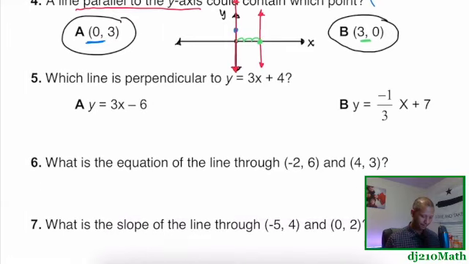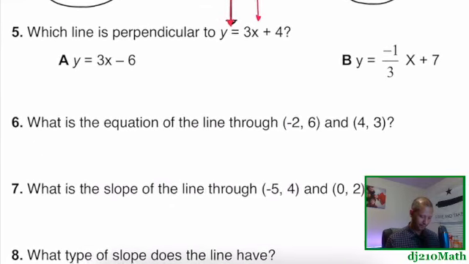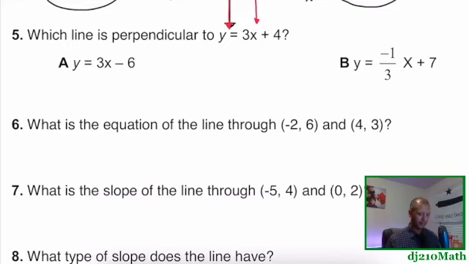Okay. Number 5. Which line is perpendicular to y equals 3x plus 4? So if we look at the slope, the number in front of the x value when it's in y equals mx plus b form, which it is, we want the opposite reciprocal of this.